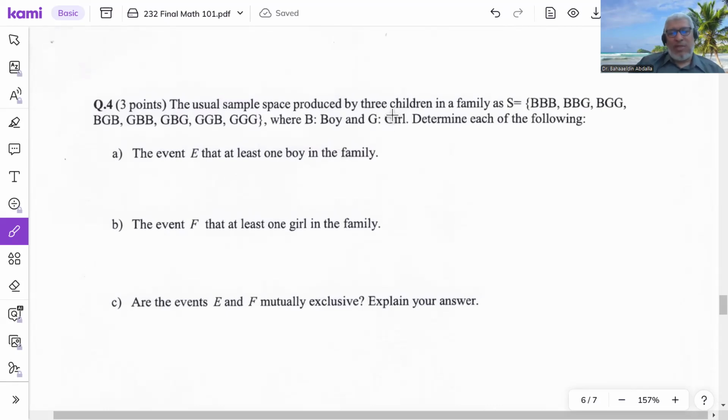This experiment is similar to tossing a coin 3 times, exactly the same. B boy, G girl, determine each of the following. The event E that at least one boy in the family. I think he meant here determine the probability. Okay, determine or find the probability.